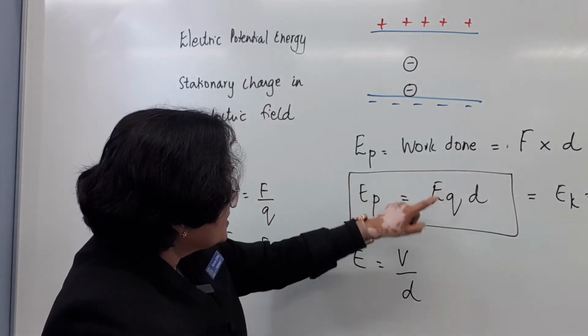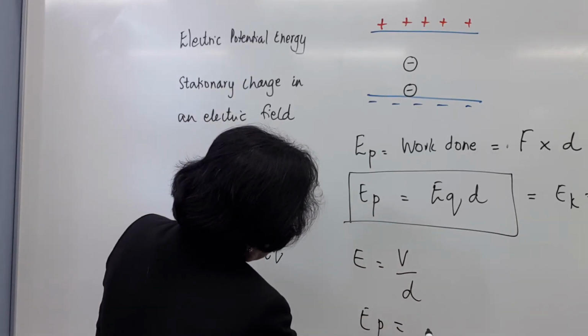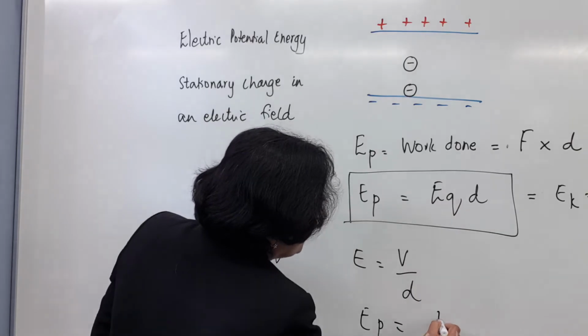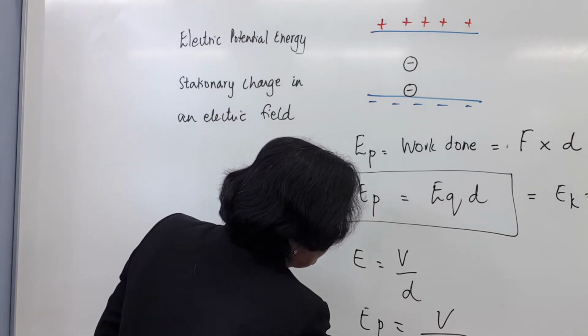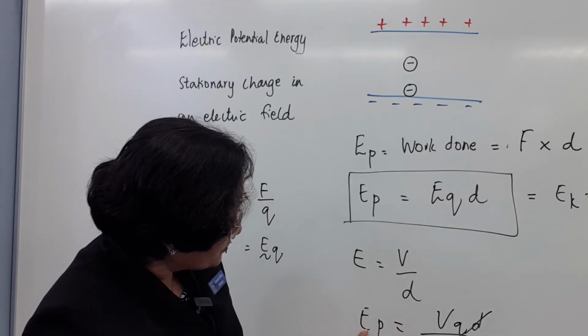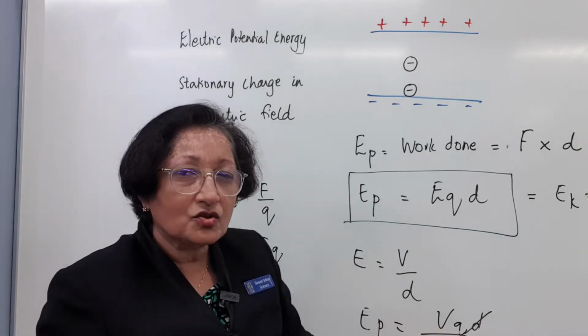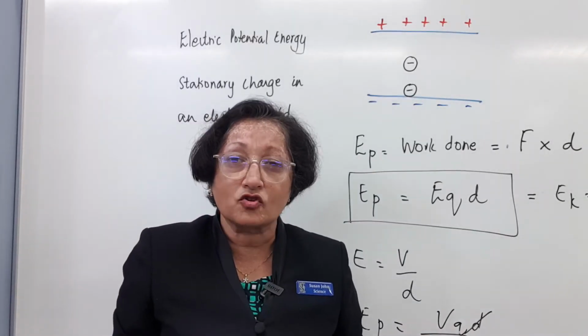So you can actually equate all this and get electric potential energy in another form. In place of E, you can have V over D, and you've got the Q and D, so the D cancels out. So you can also have electric potential energy as V times Q, which is actually the definition of voltage.